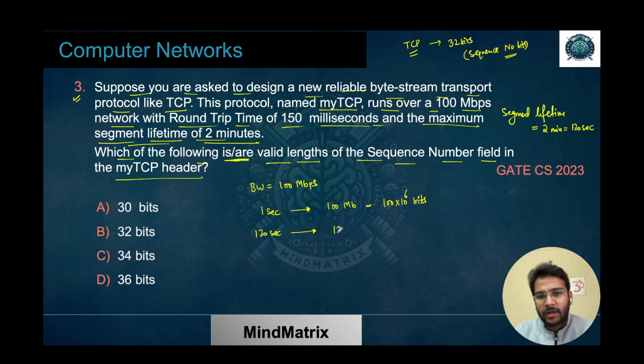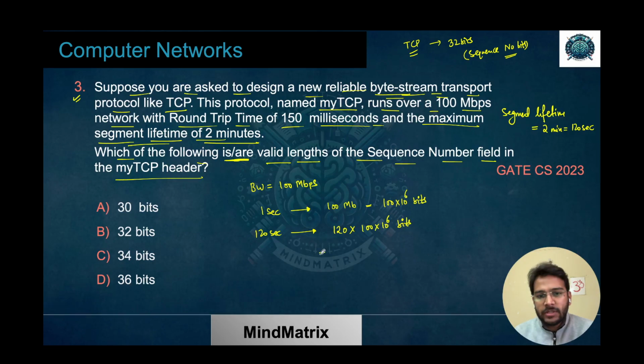I can write 120 into 100 into 10 raised to the power 6 bits. Now I convert this into bytes, because TCP, and also MyTCP, is a byte stream protocol and every byte has to be counted. We have to keep a count on every byte we are transferring. Clear? That's what a byte stream protocol is.